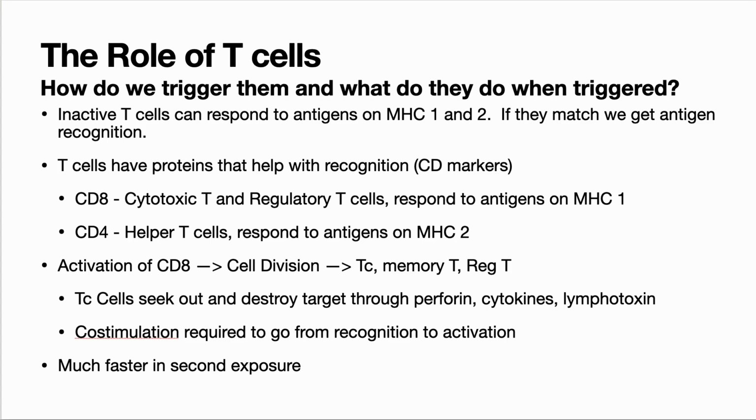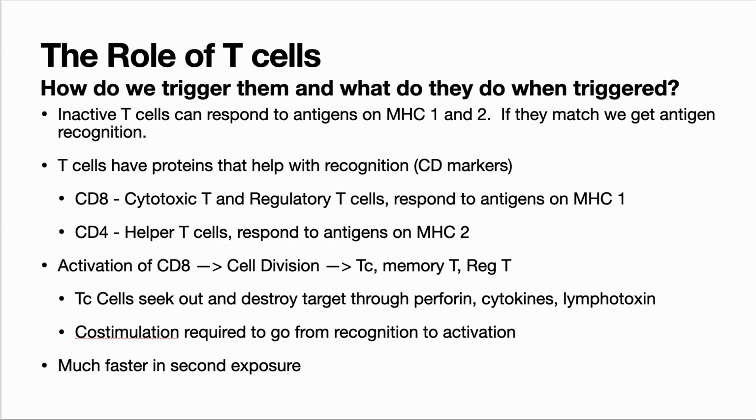So they're showing the antigen on MHC1, but inactive T cells can also respond when other antigen presenting cells of the immune system show them an antigen on MHC2. So inactive T cells can respond to antigens on either one of the MHC proteins.